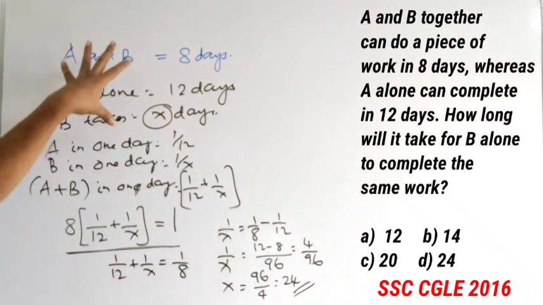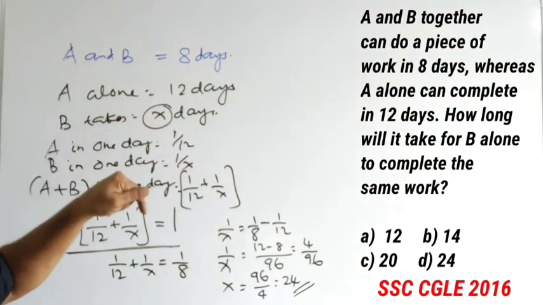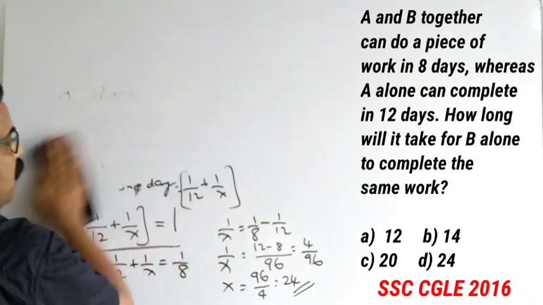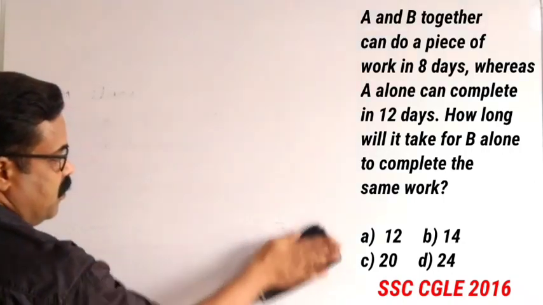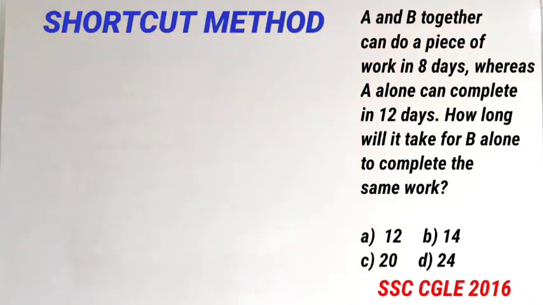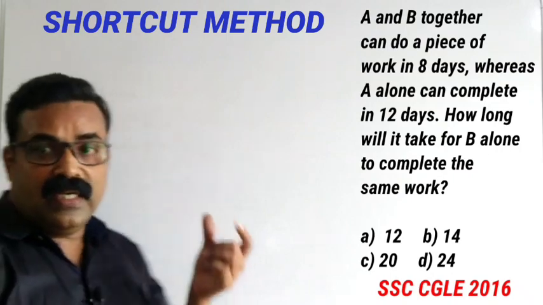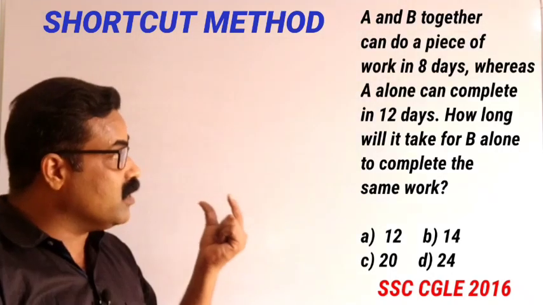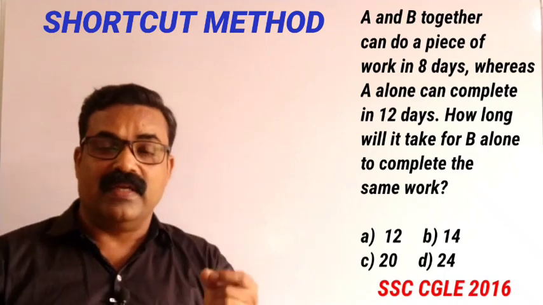Now what is the shortcut method? Let us see the shortcut method also. Kindly note this first. What is given in the question, let us write that first and then let us solve it in a very easy manner.